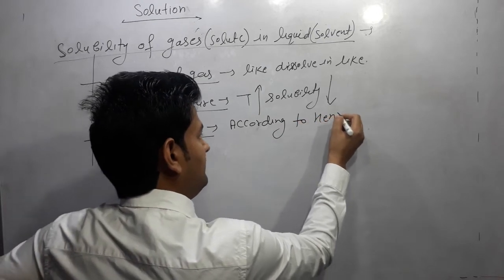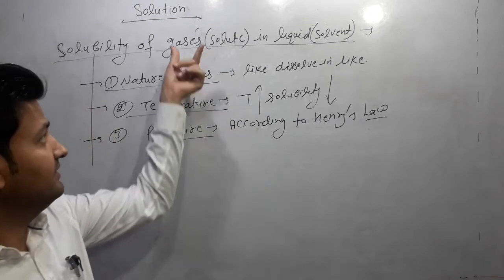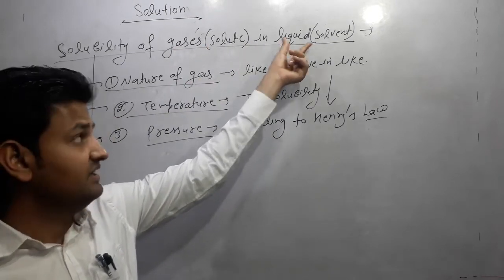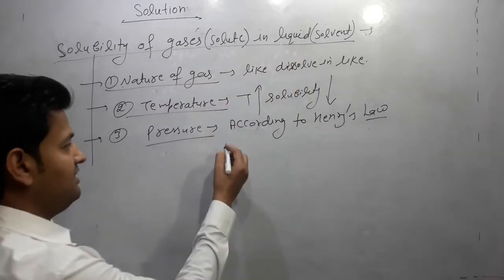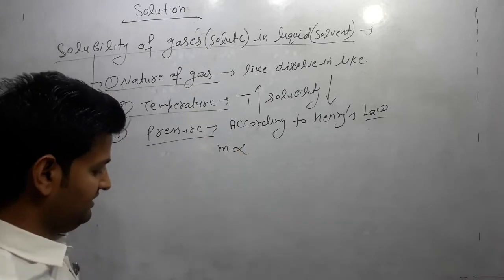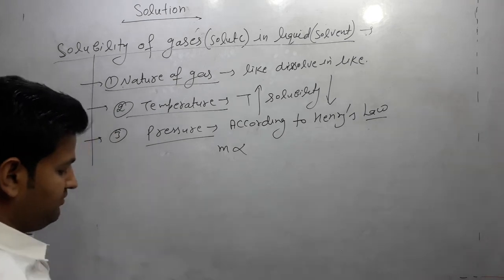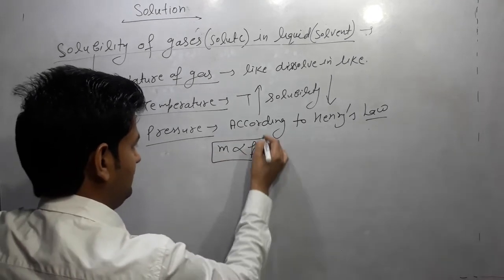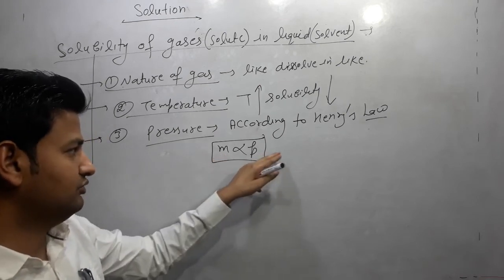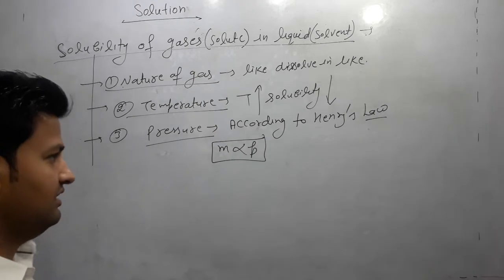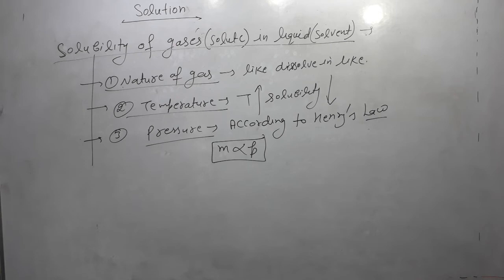According to Henry's law, the mass of a gas dissolved in a given volume of liquid at constant temperature is directly proportional to the pressure applied on the gas.